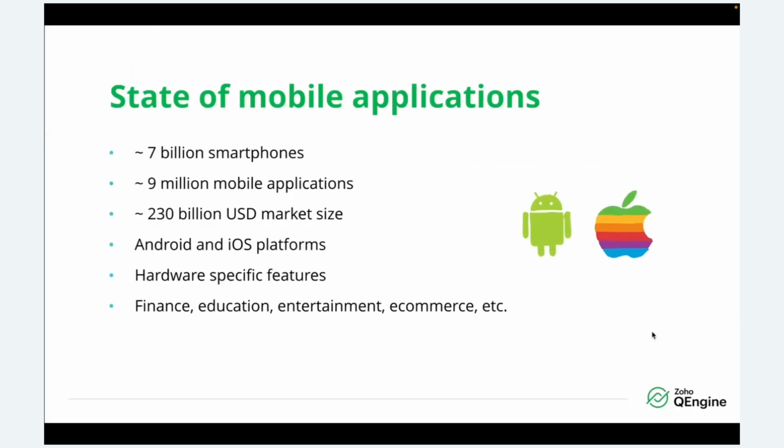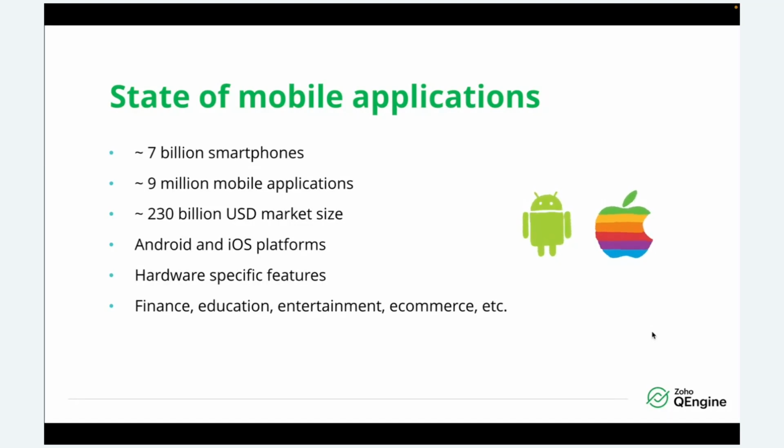So let's start with understanding the state of mobile applications. Everyone knows most of us use smartphones today, and no matter how good a phone is, without the applications, the smartphone doesn't make any sense. In fact, the applications are what make them smart to a greater extent.